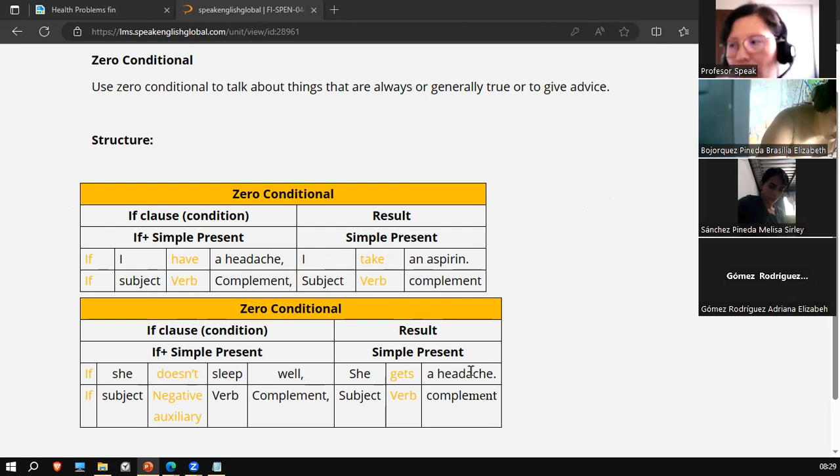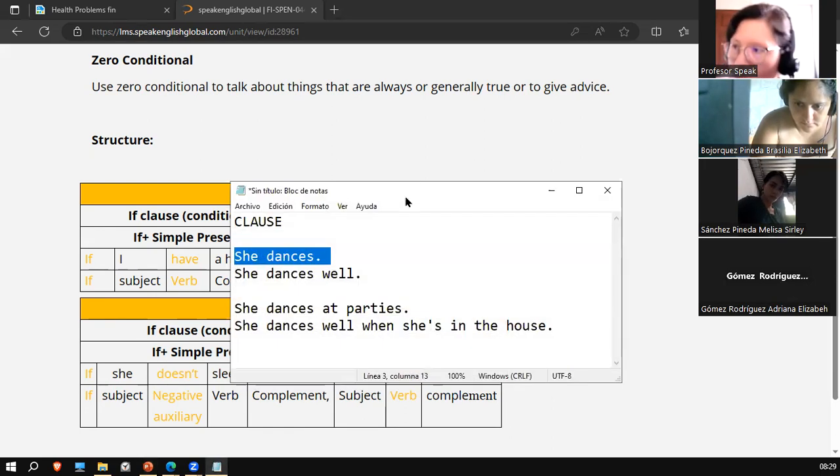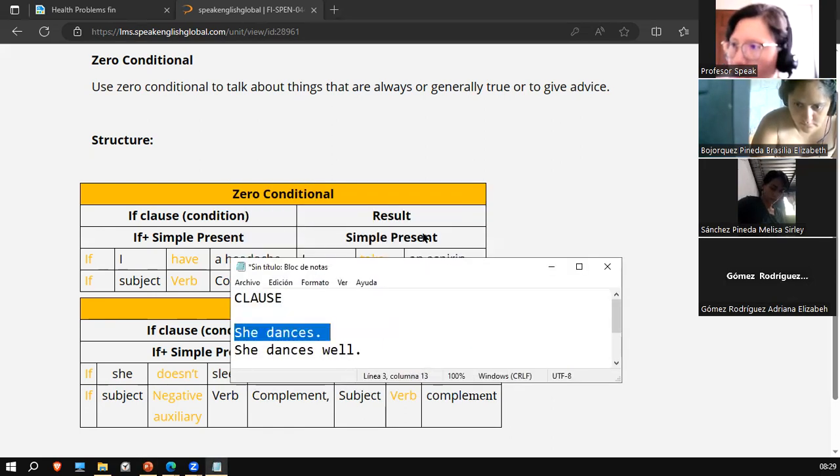Si no duerme bien, le da dolor de cabeza, right? Now, when I have a negative sentence, ok, cuando quiero convertir cero condicional a negativo, uso if plus subject, negative auxiliary, verb, and complement, comma. Subject, verb, and complement.